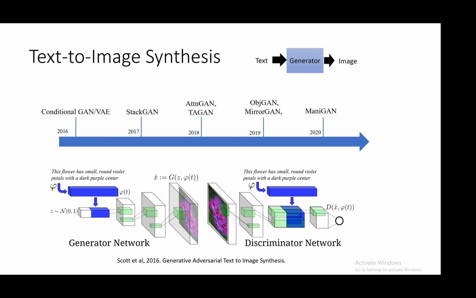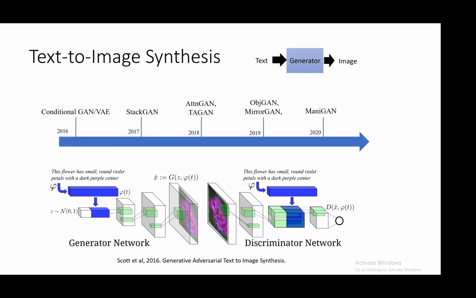Then we concatenate the hidden vector and the random noise into a vector and put it into the generator. The generator uses that to generate the image, and the discriminator does the same thing to measure the difference between the real image and the generated image. By doing this, we can achieve this task.